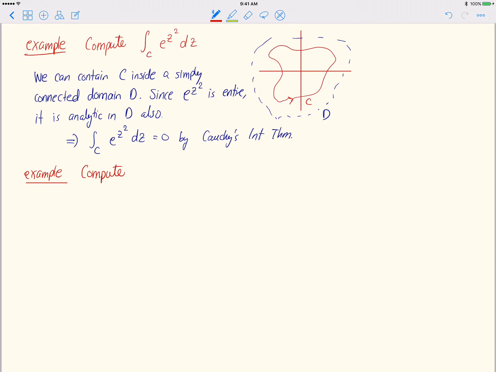Compute the integral along C of log, the principal log function, because notice I'm writing it with a capital L, of z minus i dz, where I'll take C to be the following.